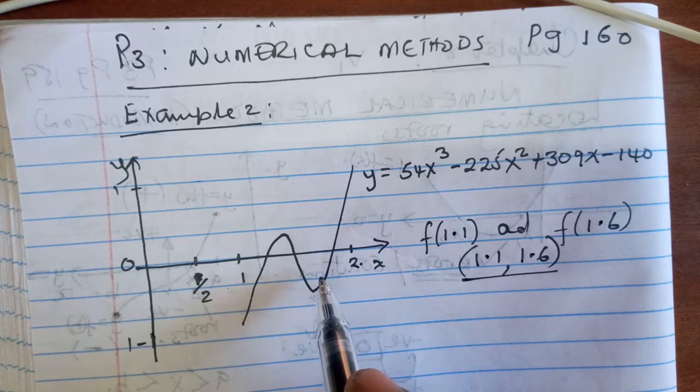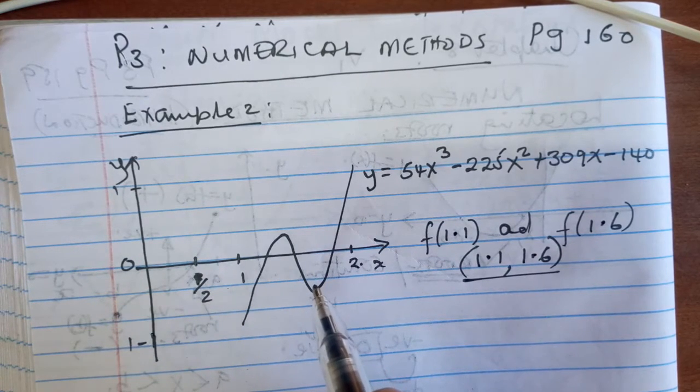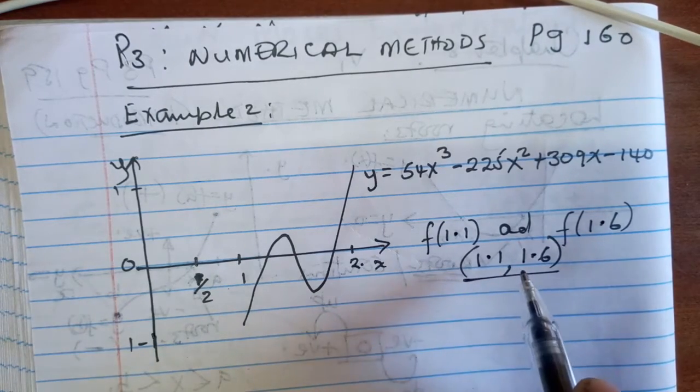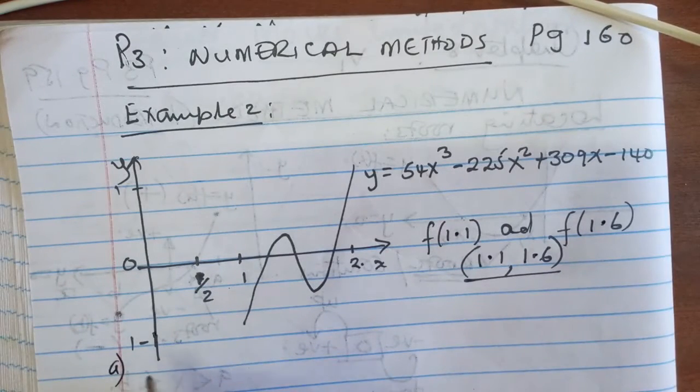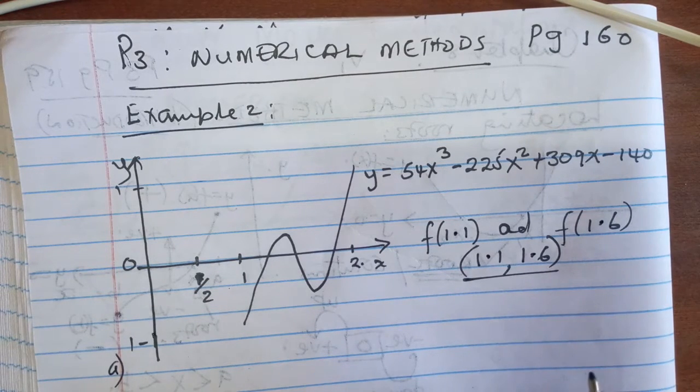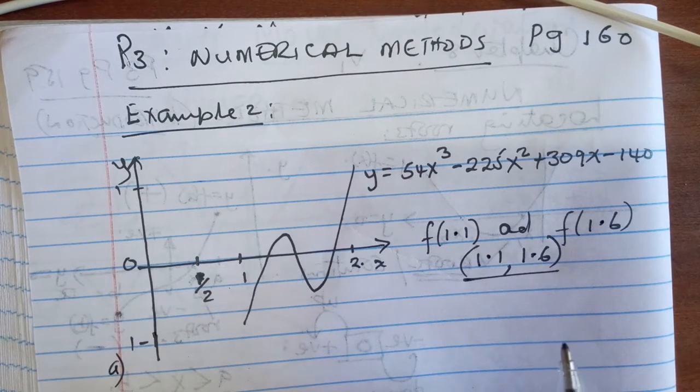Both of them give negatives, and therefore he concluded that the function does not have a root between these boundaries. Part A: explain by reference to the diagram why the student is incorrect.